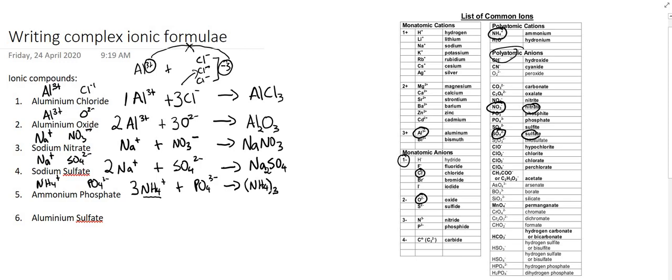Because if you don't, then you just got a 4 next to a 3, and it's complicated, and it's weird, and it doesn't work. So the brackets tell us that we need 3 of whatever's in the brackets to balance out the phosphate, PO4. So this is ammonium phosphate. Ammonium phosphate is an ionic crystal that contains 3 ammoniums for every 1 phosphate. Looks complicated, looks weird, but remember it's just cations, positive ions, and negative ions, just like before.